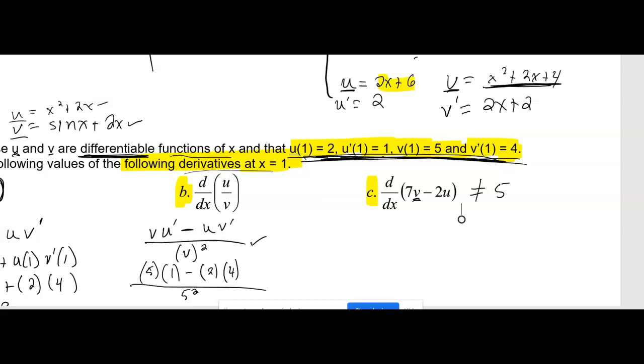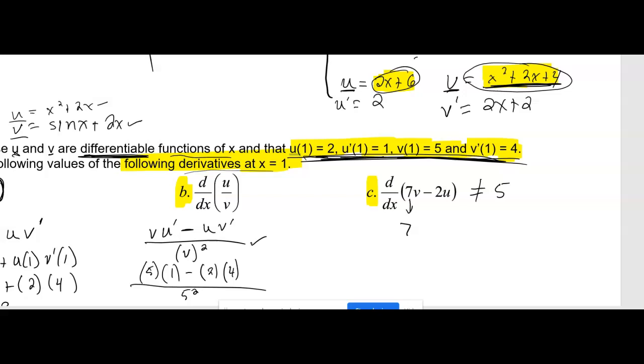We don't know what these things are for this problem down here. So we don't know that the derivative of v would give us a 1, because up here it clearly did not. We just don't know what those derivatives are. So all you're doing with this, and this is a nice rule to kind of understand as well, when you have a coefficient, we're just dropping the coefficient of 7.